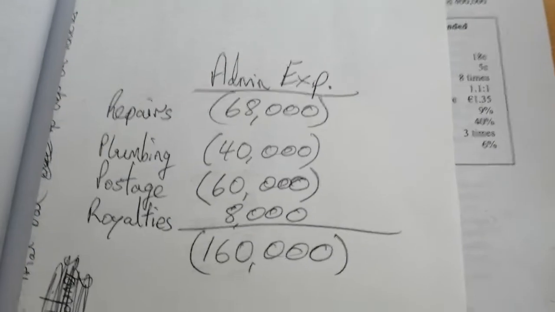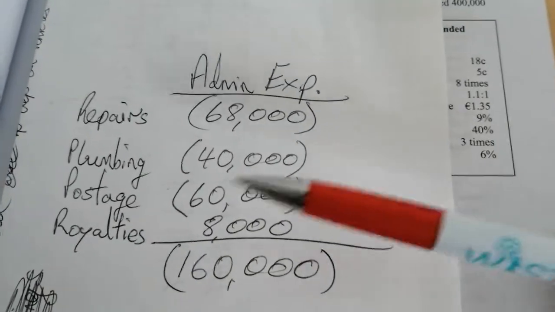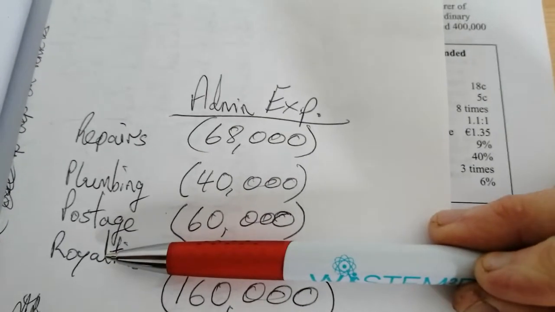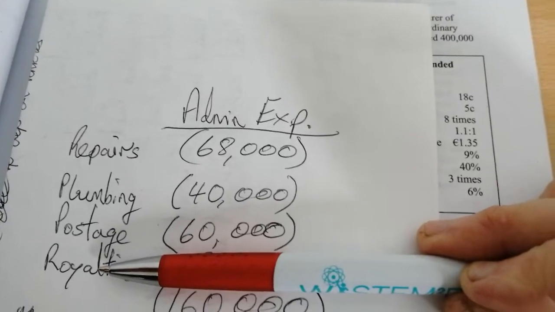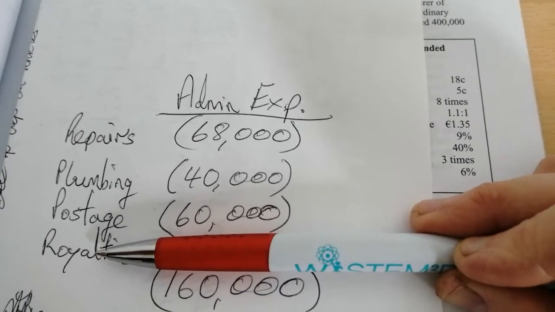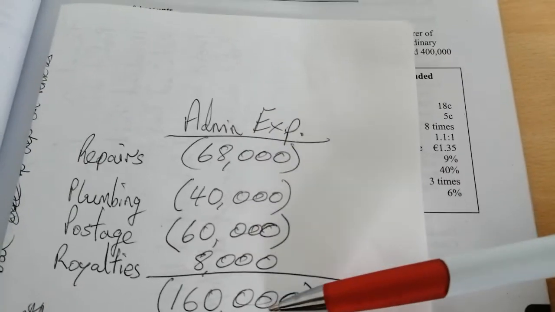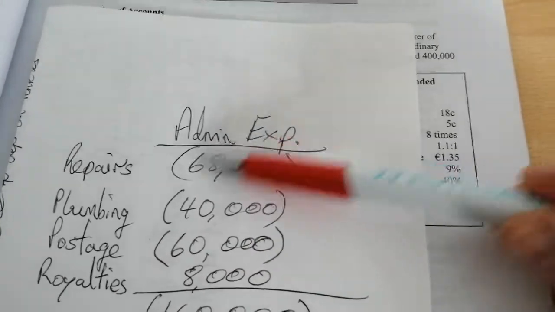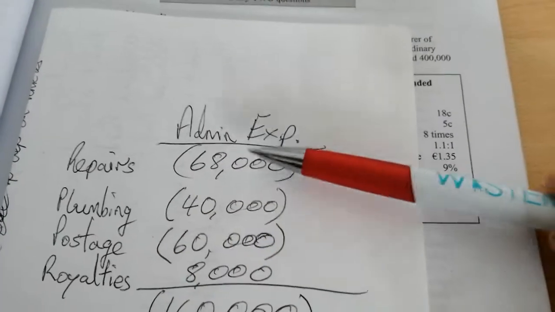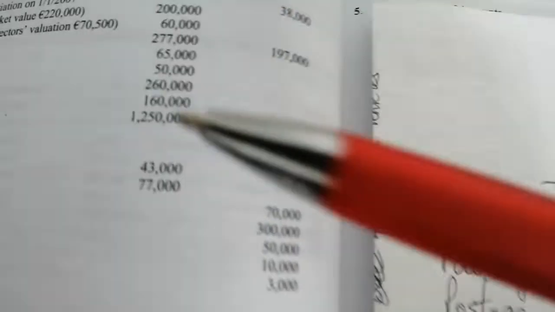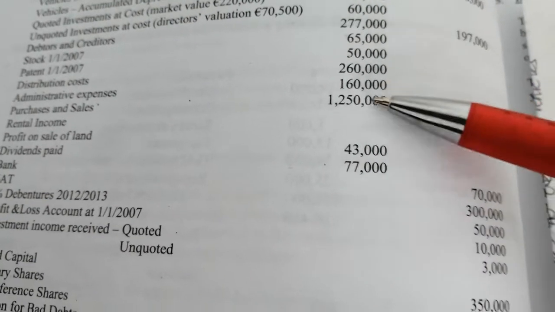But what's happening here really is that the royalties shouldn't have been included with expenses, so the figure, if I just took those three, should have been 168,000 for admin expenses rather than 160. How do I change this 160 into 168? Well, I have to take that 160 figure over here from the trial balance and I have to add 8,000 onto it, don't I?